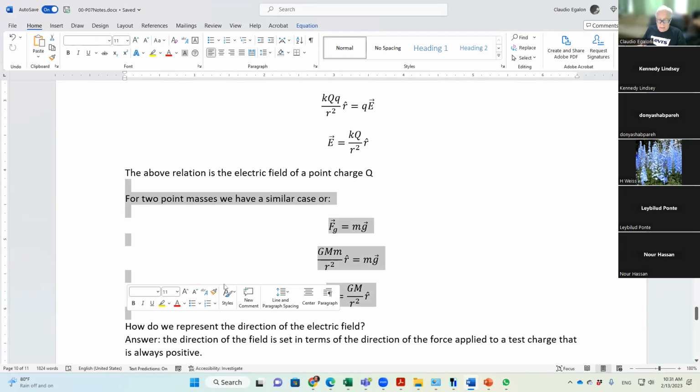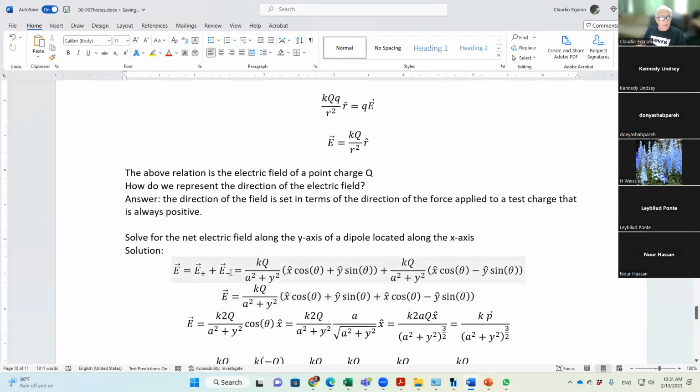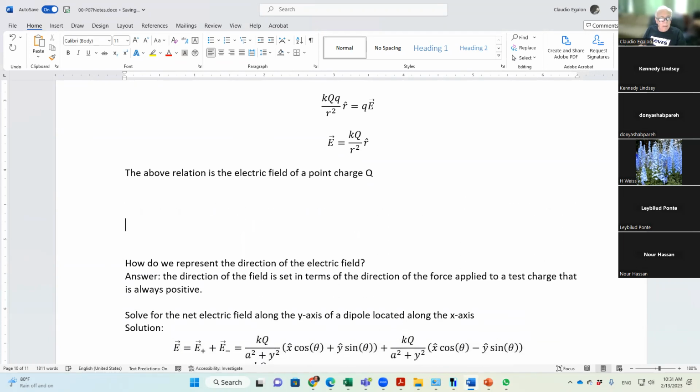I'm going to erase that. There are two different ways of representing the electric field. Graphical ways, because you can also represent it in a mathematical way.